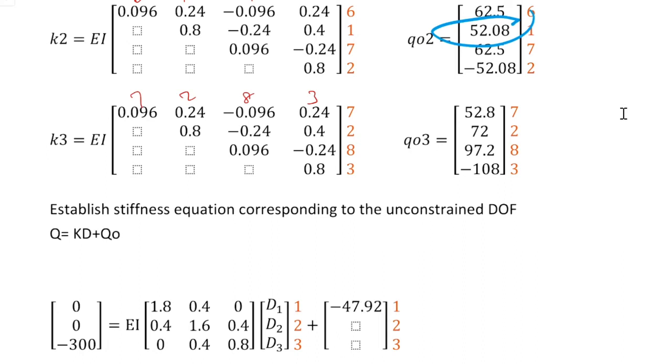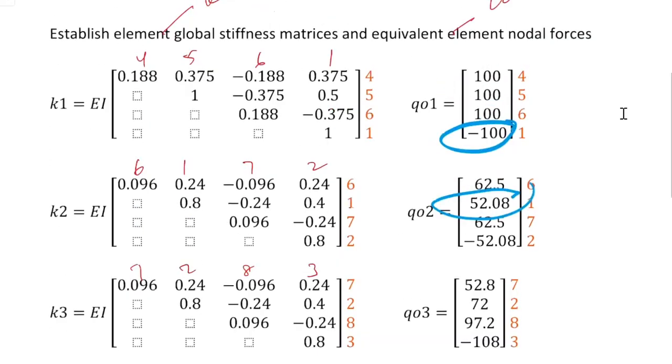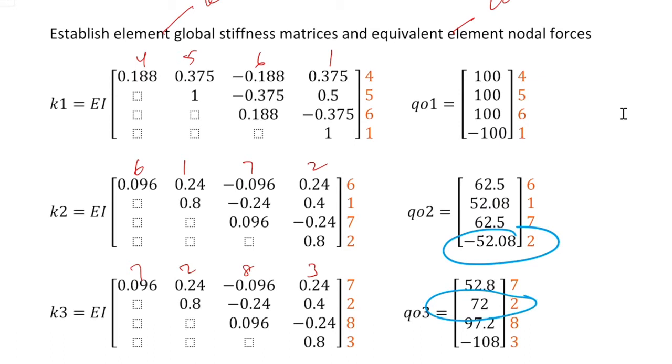Then the next one is position number 2. Position number 2 is negative 52.08 plus 72.